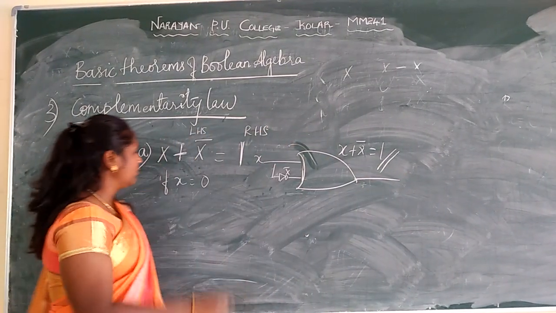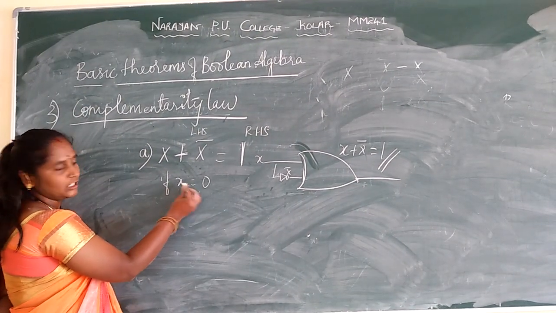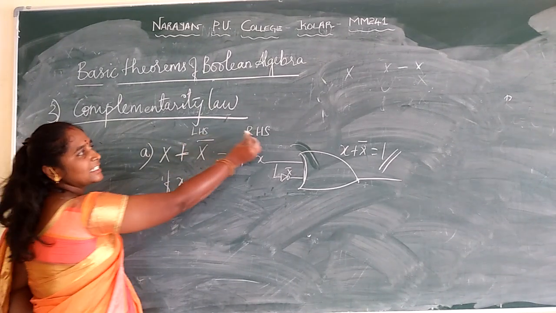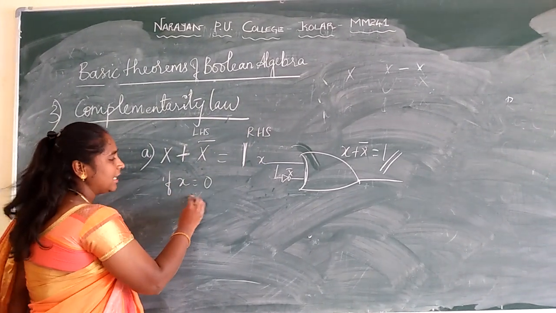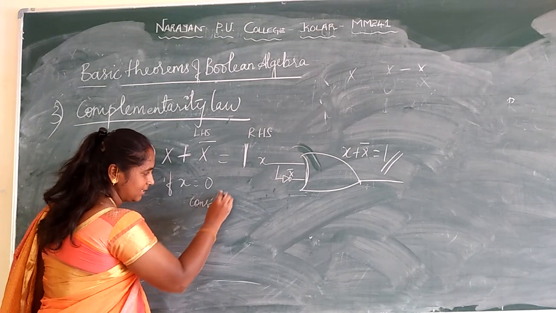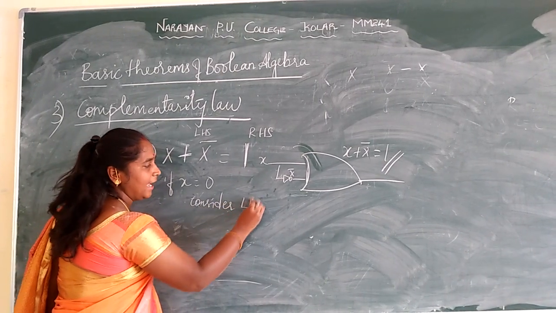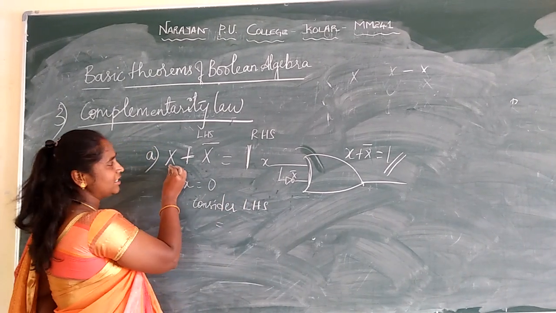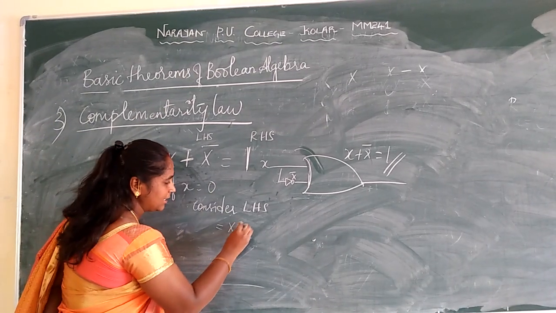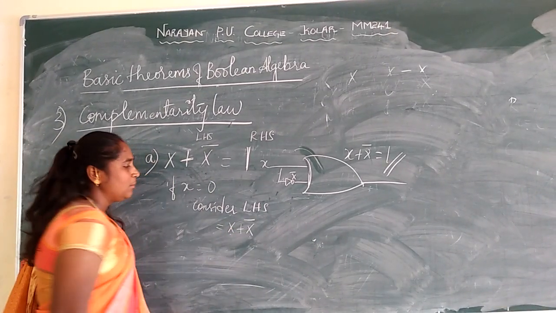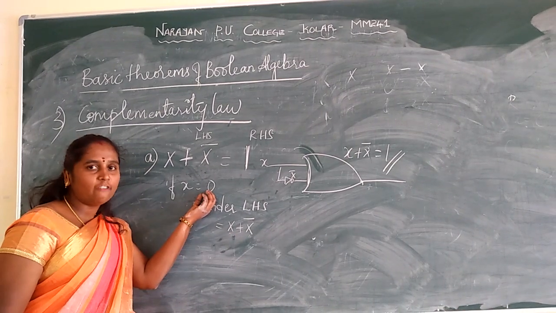How we are going to prove it: first, consider x equals 0. This is your LHS and this is your RHS. In place of x, you substitute the value 0.